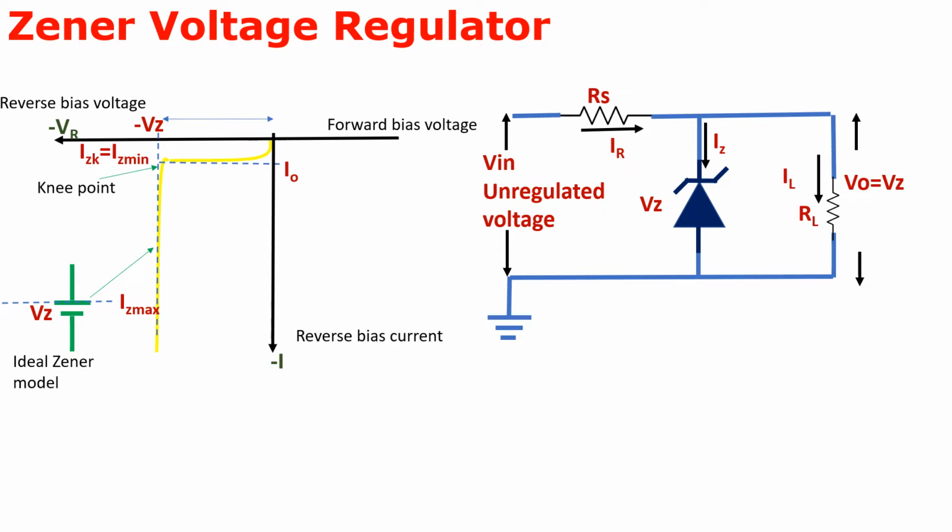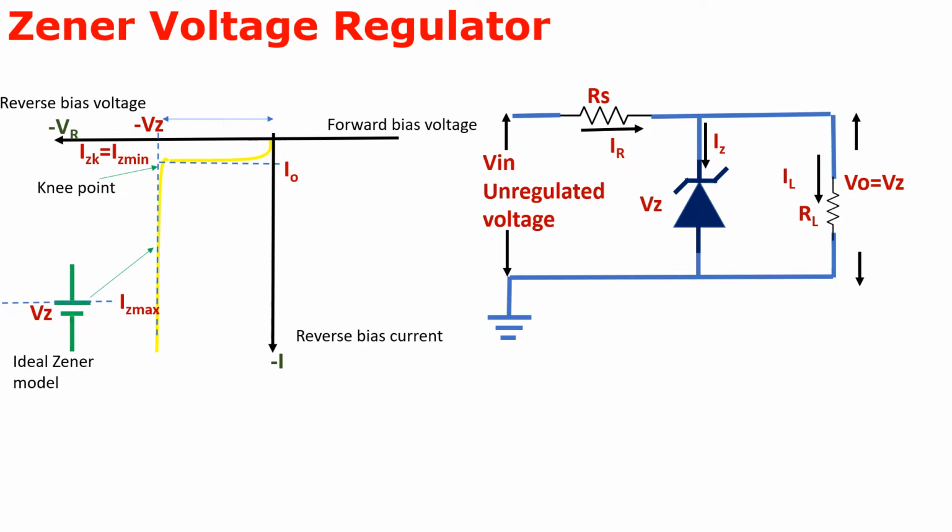As we know, a Zener diode is a special diode, and if we apply a forward bias voltage across the diode, it will behave as a normal diode. But if we apply a reverse voltage and the Zener diode enters the Zener breakdown region, it will maintain a constant voltage across it.